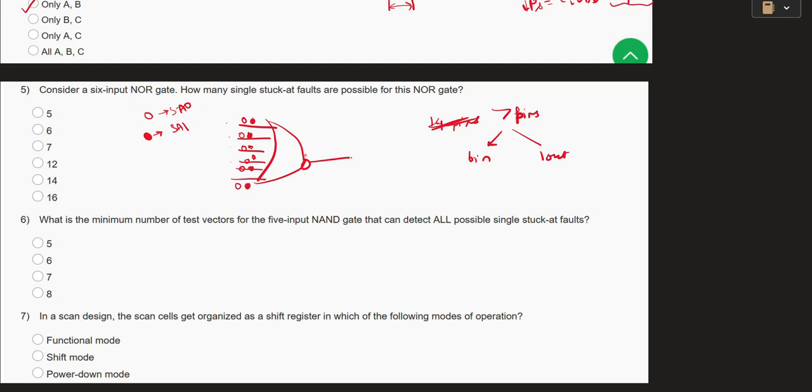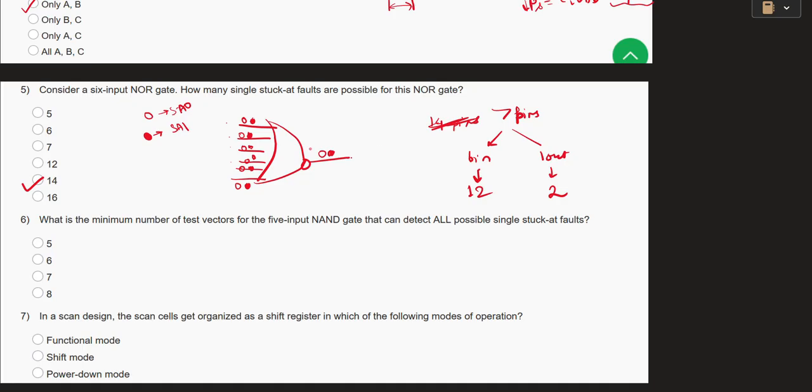This is also 0 or 1. So each pin can have these two faults: stuck at 0 and stuck at 1. So these 6 pins can have 12 faults. The output pin will have two faults. So there will be a total of 14 stuck-at faults in my diagram.